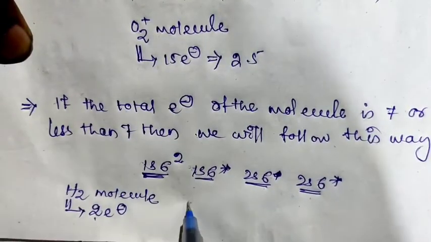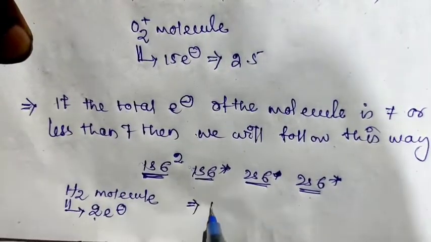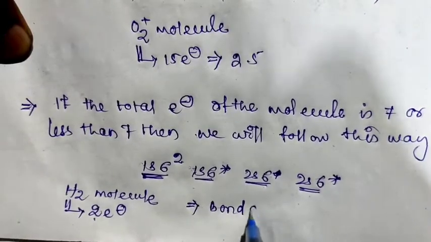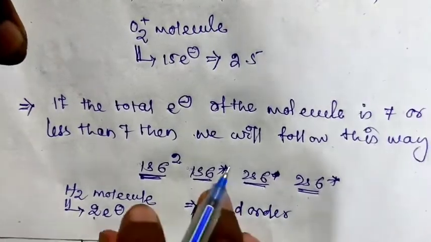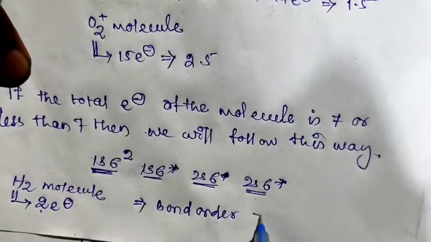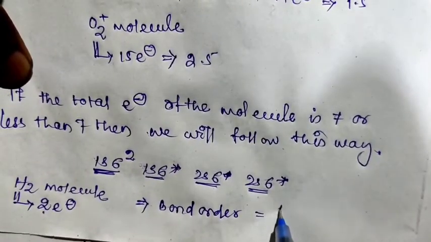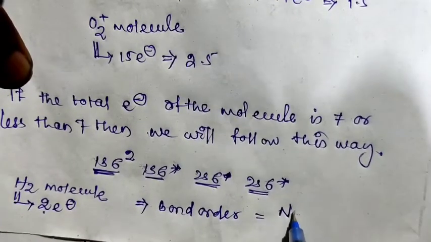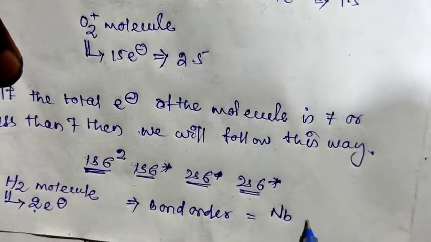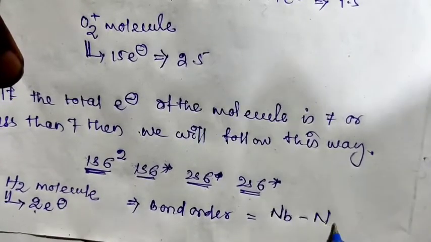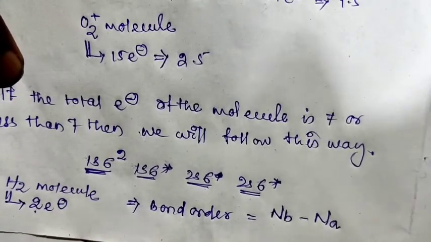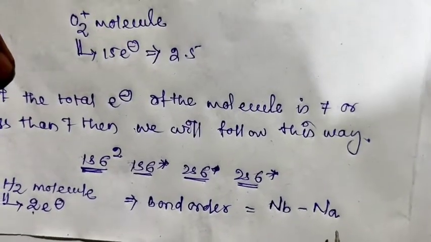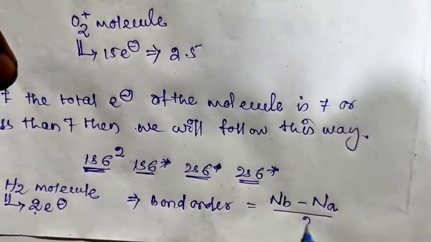To find bond order, we have a formula: bond order is equal to the number of electrons in bonding molecular orbitals minus the number of electrons in anti-bonding molecular orbitals, divided by 2.